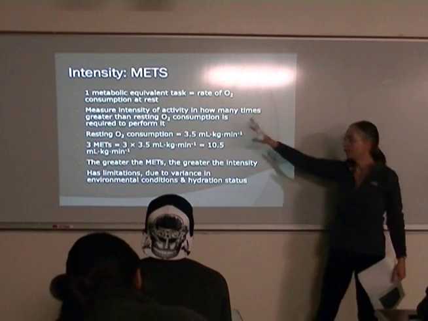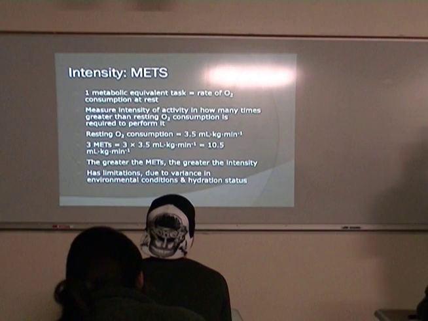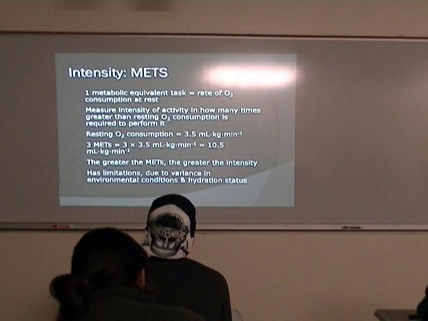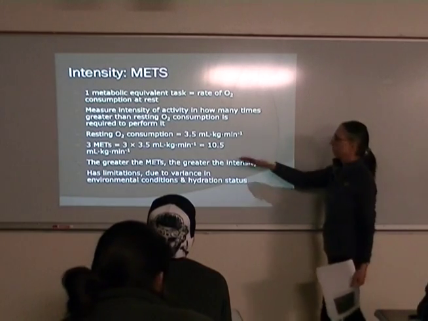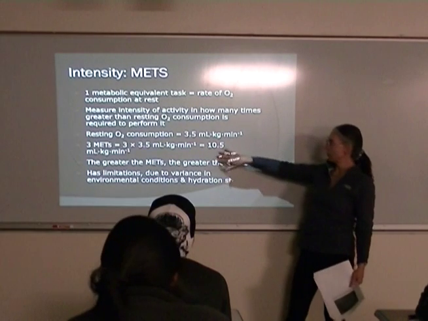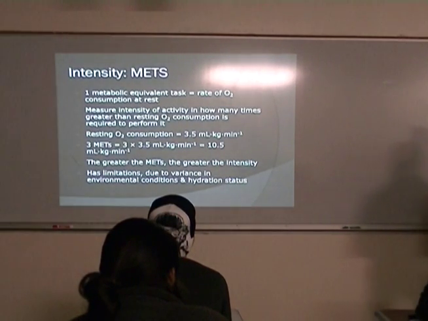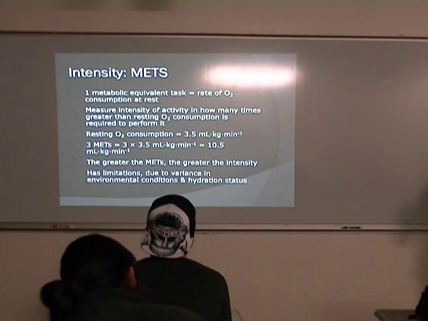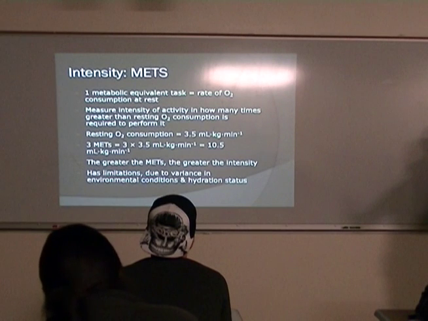But on average, it's about 3.5 milliliters per kilogram per minute. So anything more than that, METs goes up, okay? So 3 METs is considered to be on average about 10.5 milliliters per kilogram per minute. So 3 METs means you're working 3 times harder than you're working when you're sitting down.